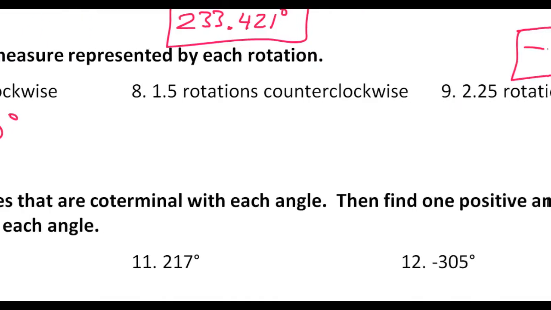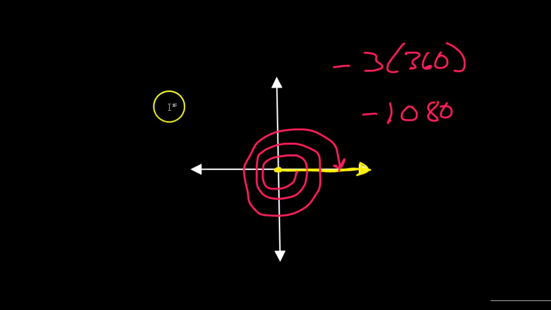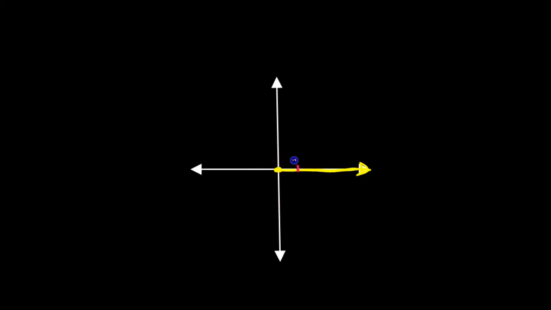Now look at number 8. If I want to go 1.5 rotations counterclockwise, now understand that counterclockwise is a positive rotation. That's 1.5 rotations. So here's 1 rotation. That's 360 degrees so far. But then we're supposed to continue and go another half of a rotation.